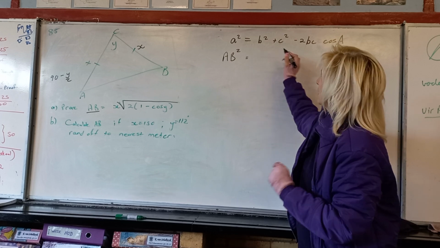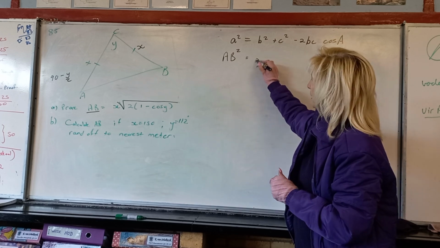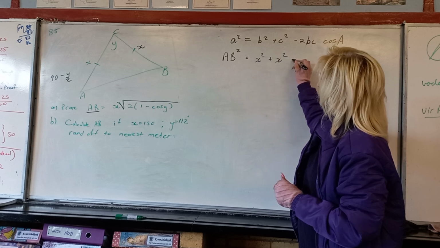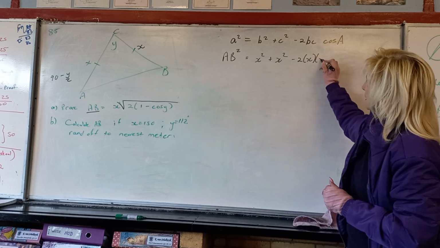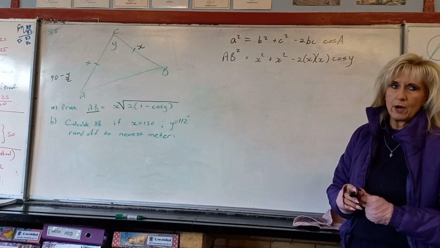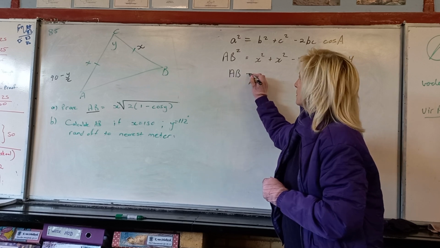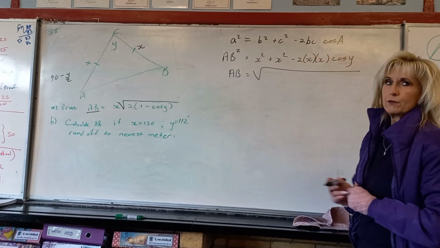The b squared and the c squared are both the sides that include that angle at y, so it'll be x and x, and 2 times x and x, and in between those two is the angle y applied. So then to get AB just on its own, this would be a big square root.